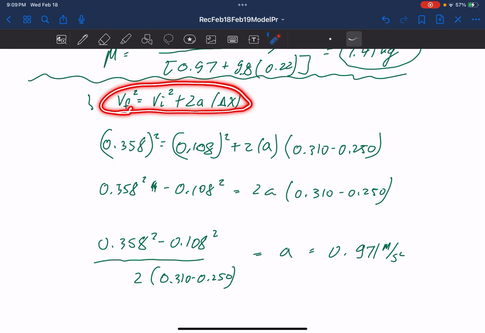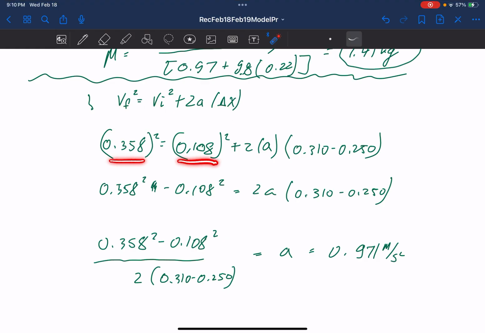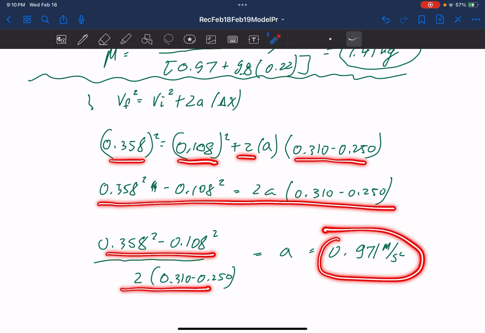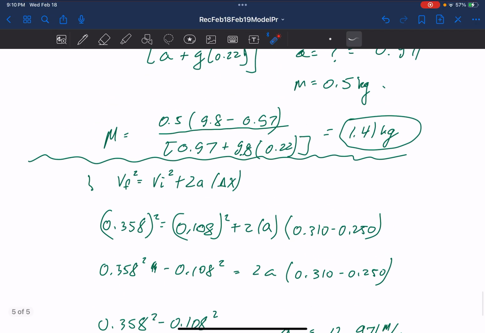Introducing friction changes nothing about the given velocities and the positions that were given to us in part B of the problem. So what we do there is exactly the same thing we did in part B, where we use the kinematic equation to solve for acceleration, and we get the same acceleration, 0.971.